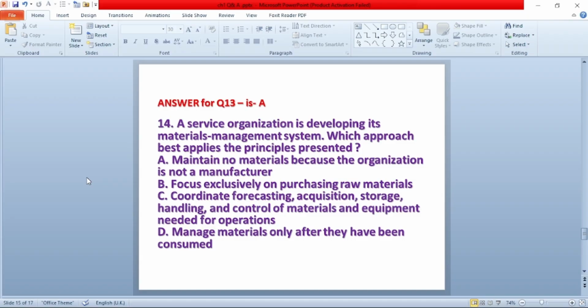C. Coordinate forecasting, acquisition, storage, handling, and control of materials and equipment needed for operation. D. Manage material only after it has been consumed. The answer for this question is C. Coordinate forecasting, acquisition, storage, handling, and control of materials and equipment needed for operation.